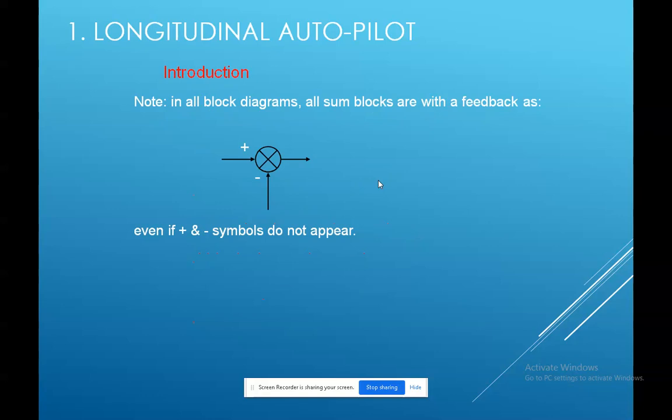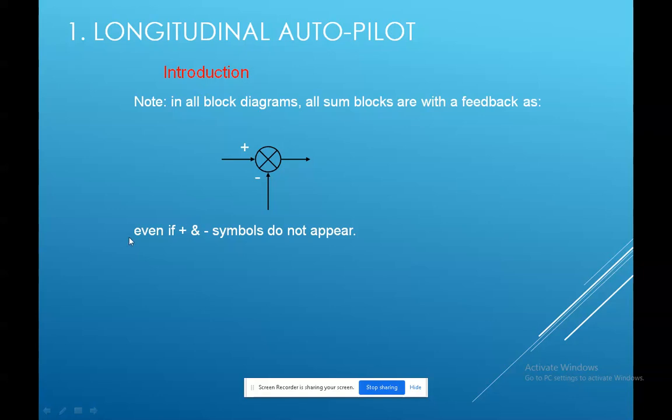So we all may know in the block diagram the sum symbol will have two input signals, these two. Two inputs, and one will be the output for every sum symbol. Based on the symbol representing here you will get the output.